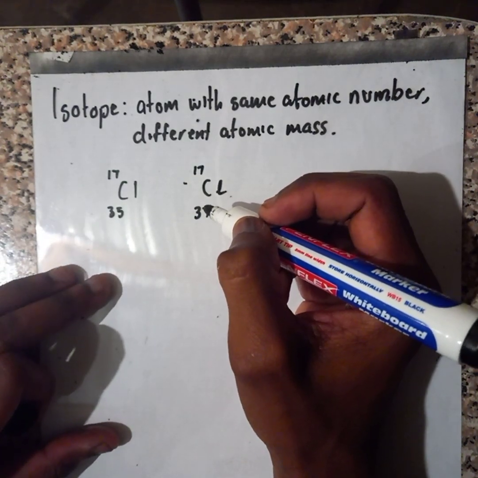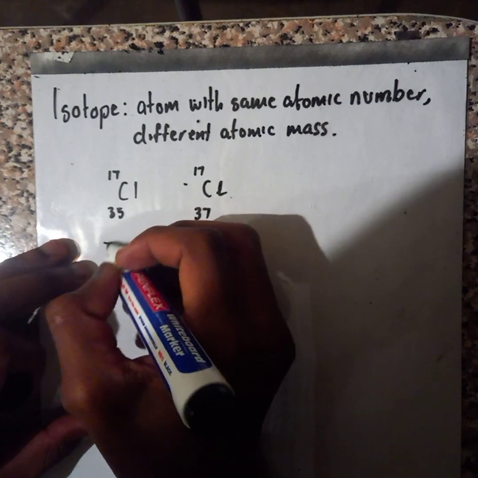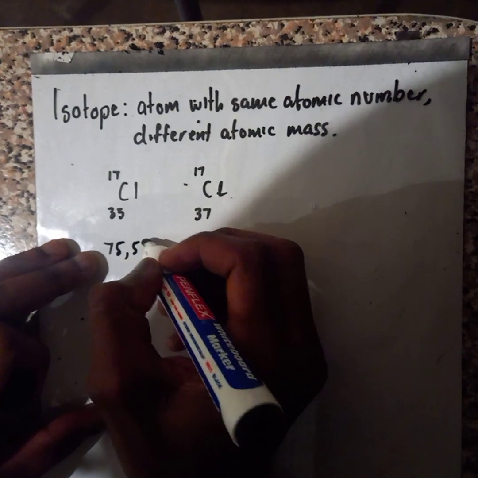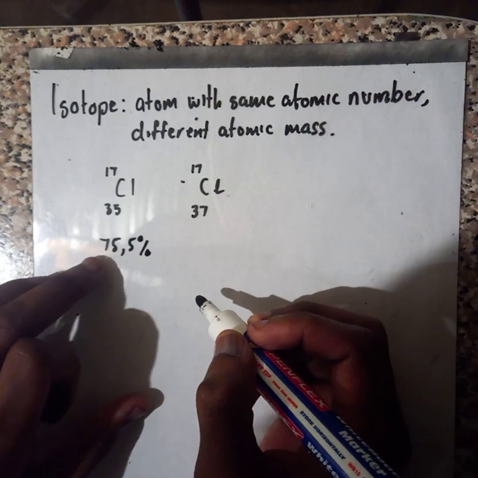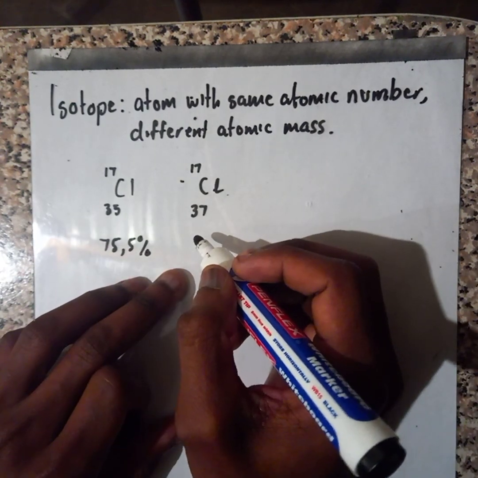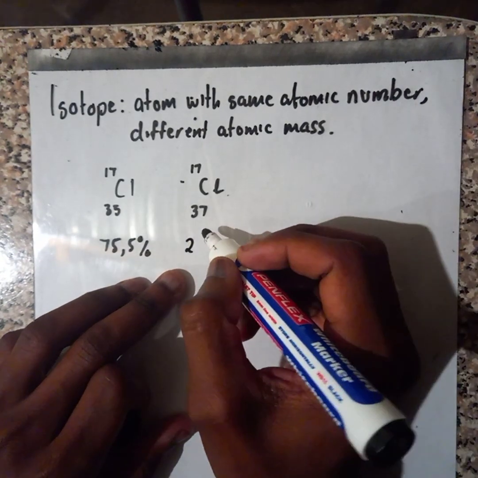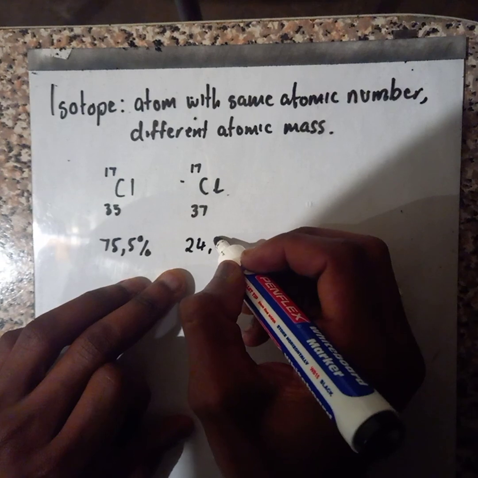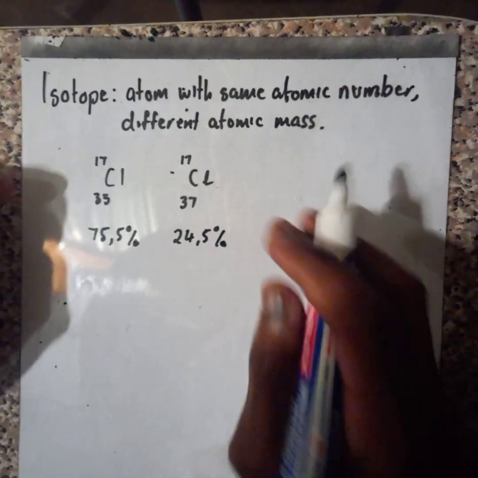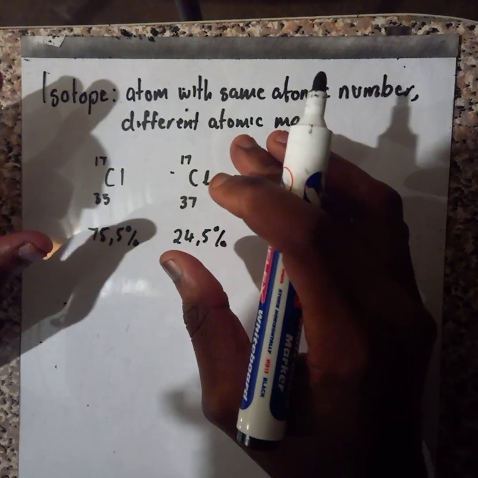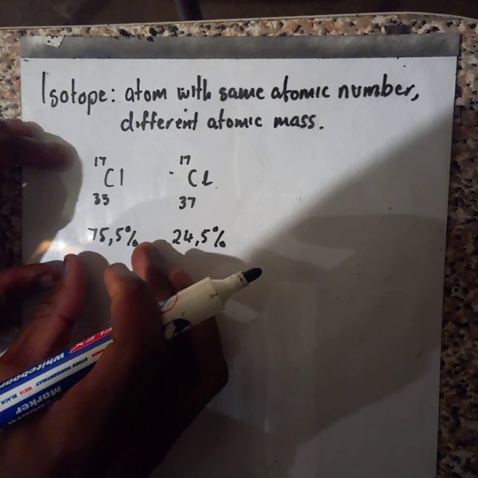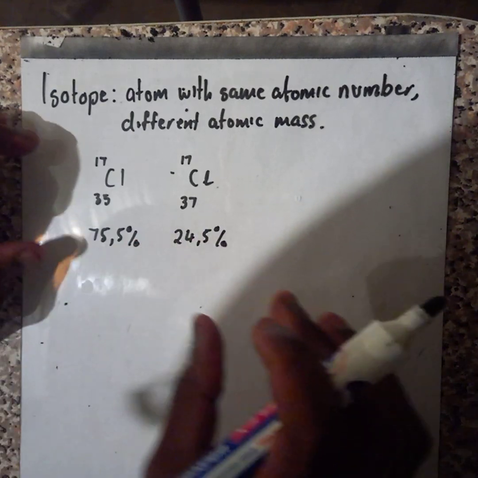We said that the first one had an abundance of 75.5%, and this one had 24.5% abundance. Then I asked you to determine the average or relative atomic mass, whenever they have given you the abundance or the percentages of each.